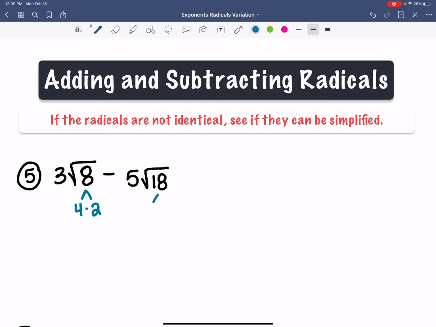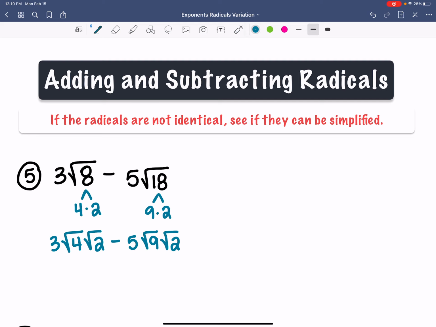And we know that 18, if we're thinking about what's a square root that is a factor of 18, that would be 9 times 2. So we can rewrite this as 3 square root of 4 square root of 2 minus 5 square root of 9 square root of 2.